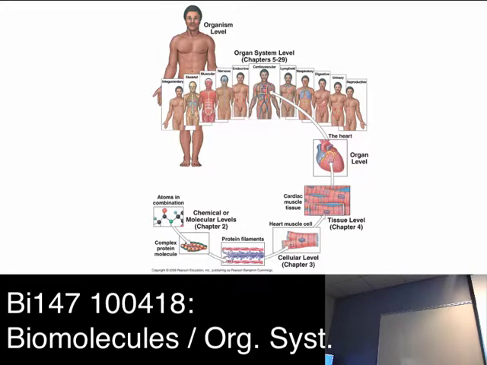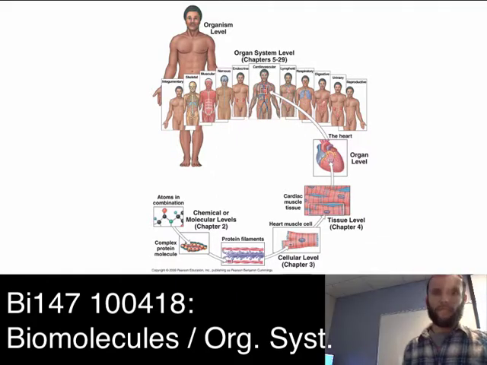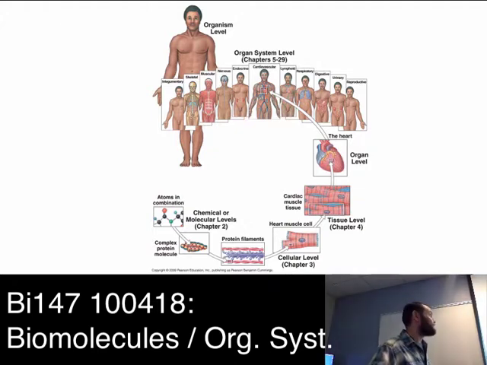We will take a tour through cells, and that's going to be the next unit, PowerPoint series that I talk about. We'll talk about cellular level, tissue level, and then we're going to explore the organ systems. So I'm going to just give you an overview of those organ systems now. We'll see where that takes us.